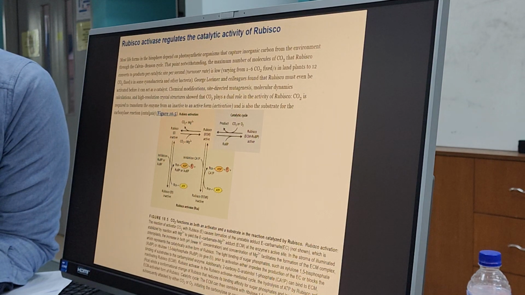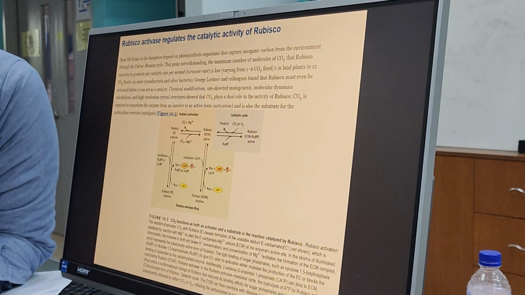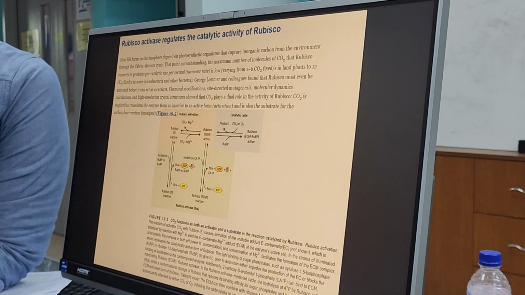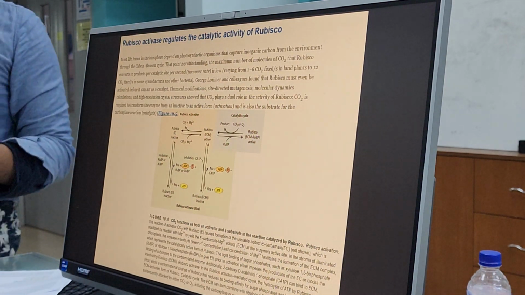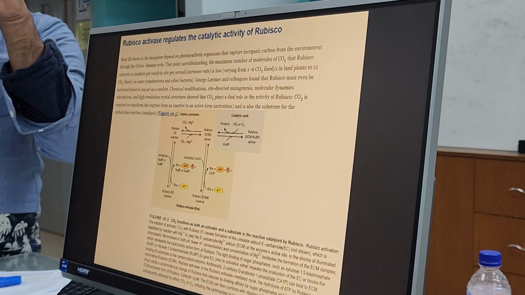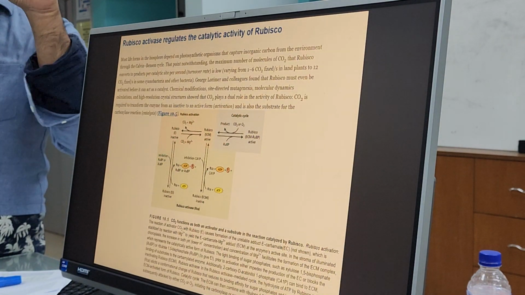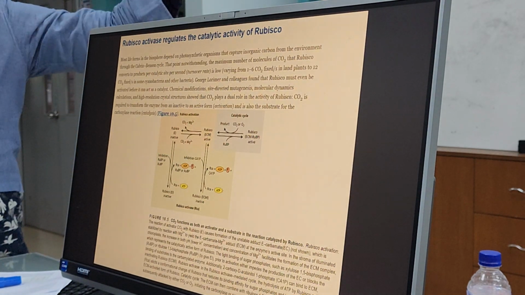RuBP and XuBP. Is it xylose? Yes. Xylose, right? Yep. So you can see now that Rubisco activase is not the only thing that can activate Rubisco.